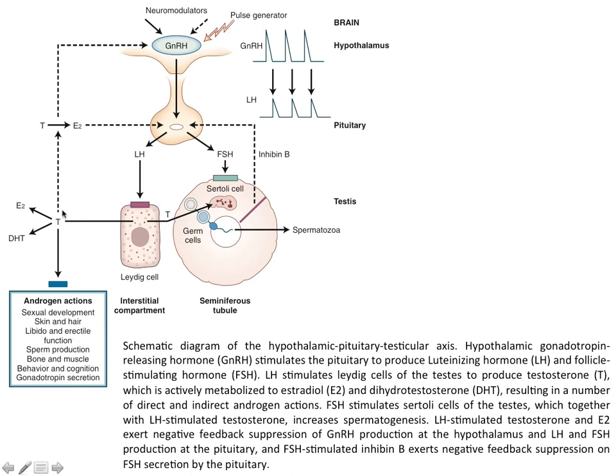On the other hand, once the level of this testosterone goes up, it can give negative regulation to the pituitary gland to decrease the production of LH and FSH, as well as negative regulation to the hypothalamus to decrease the production of GnRH.